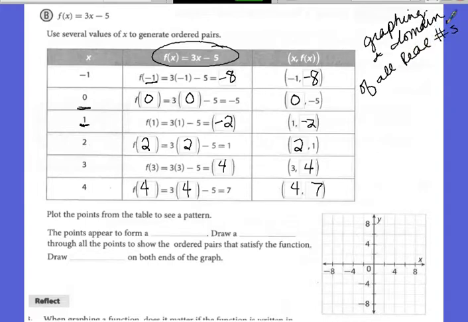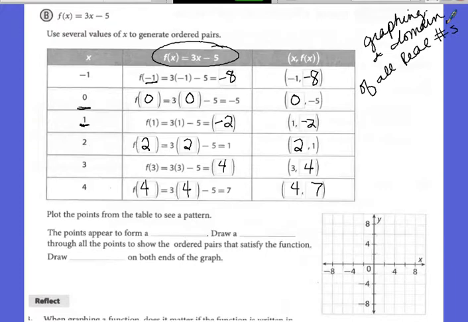So the first thing we have to do is pick inputs. You can choose your inputs in order to create your pattern. In this case, we chose negative 1 through 4. Don't use crazy numbers, because then you're going to end up with stuff that's going to go off your graph, and it's just going to make life more complicated for you. Right? So the points appear to form a what?